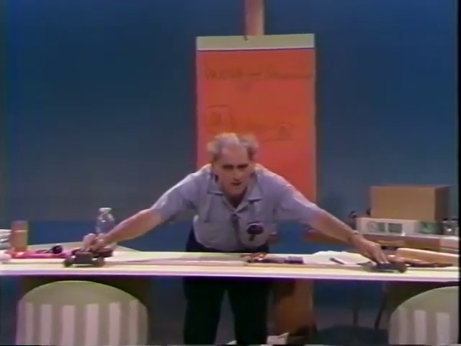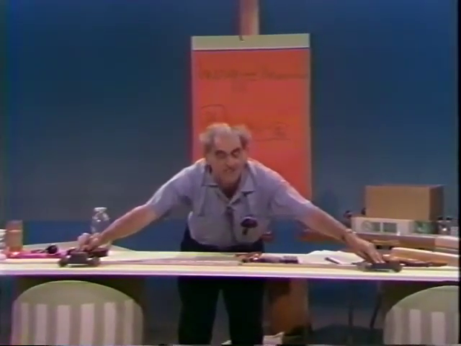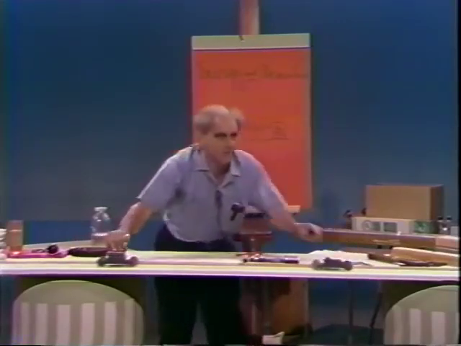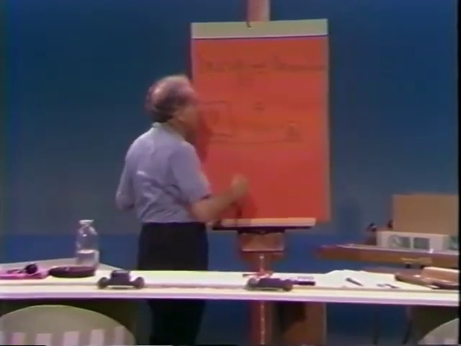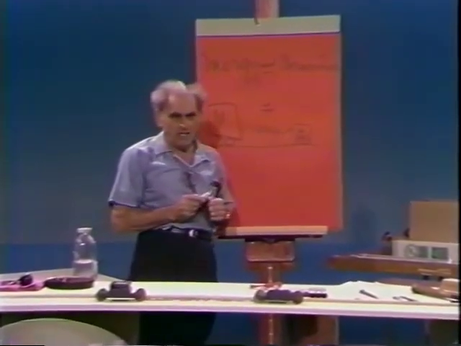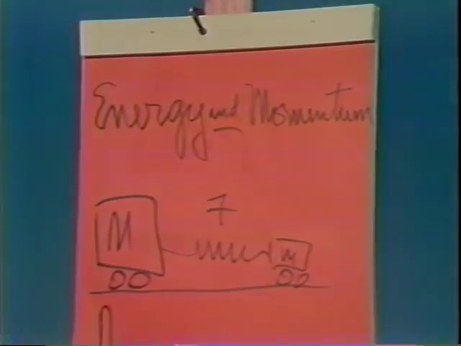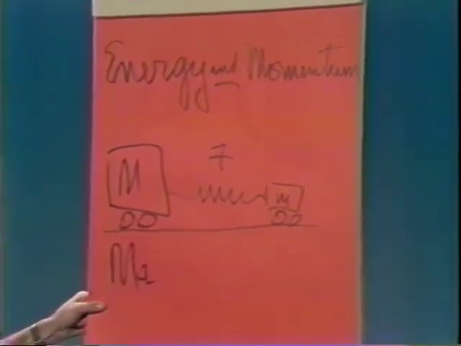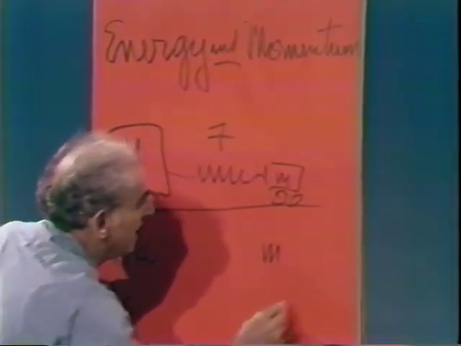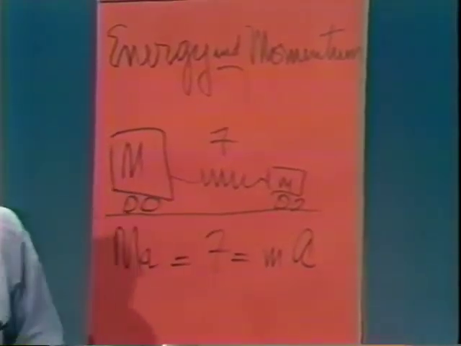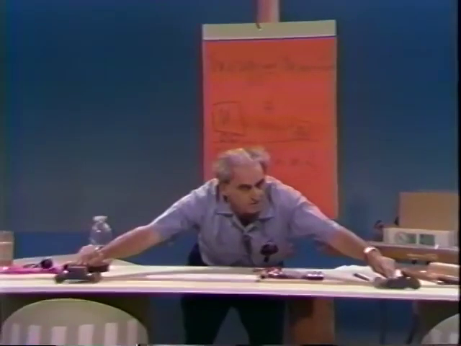Now, when I pull them apart, I store some elastic energy in the stretched spring, and there is a force then which is exerted on both cars. Now, what did we learn before? We learned that the big car has a little acceleration and the little car a big acceleration because one and the same force acts on both cars.